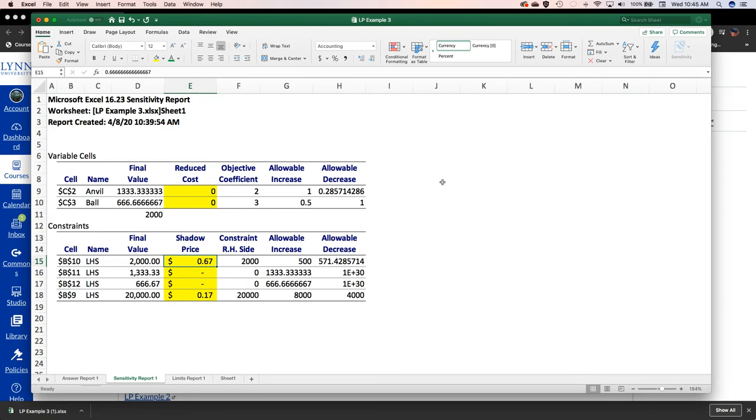Is that a good deal or not? No. It is not a good deal, and that's correct, because it would cost you 20 cents for extra inventory, and it's only worth 17 cents to you. Good job on that one.